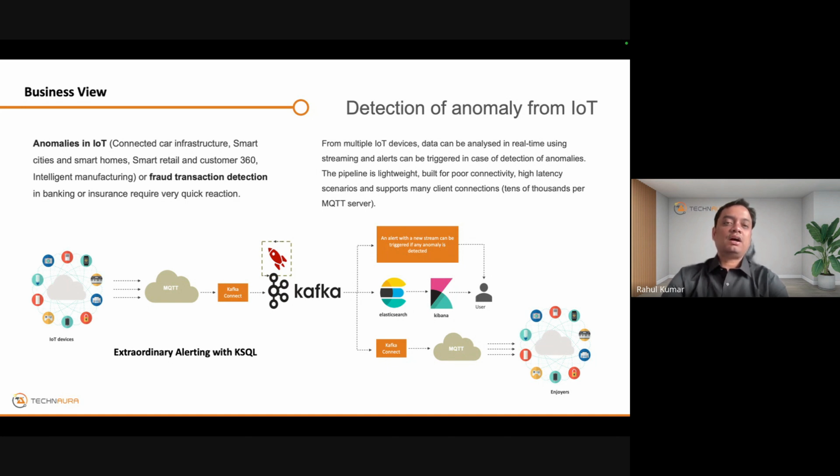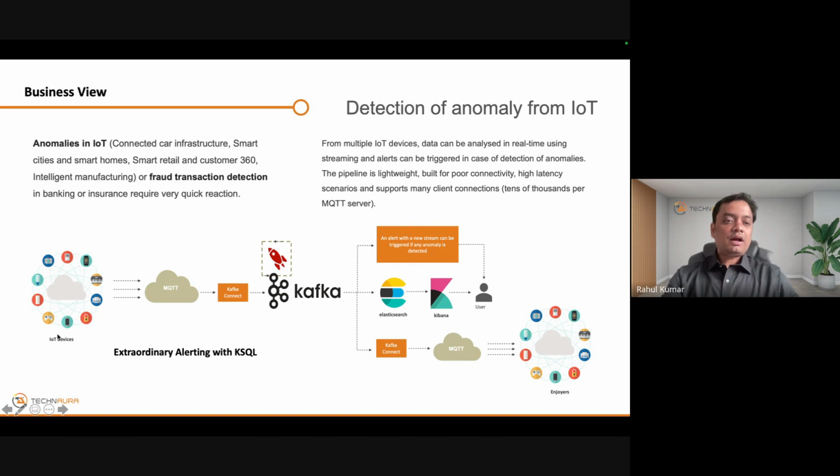Let's say you are driving your car at a speed of 200, but your engine is reaching a much higher temperature. All these things you can do in real time and instruct the user that your car is heating up and you have to reduce the speed, or give some intelligent suggestion to the driver.